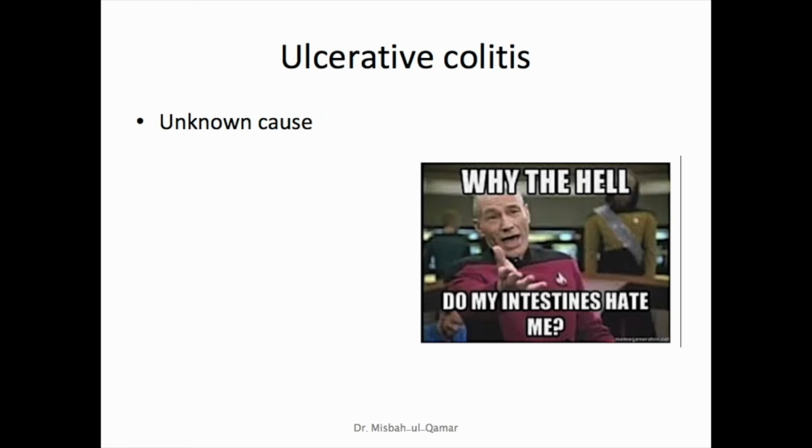As I told you in the last lecture, today we will start with the disorders of intestine. And the first one is ulcerative colitis. There is a strong hereditary tendency for susceptibility to ulcerative colitis.